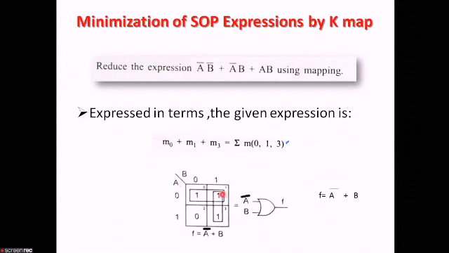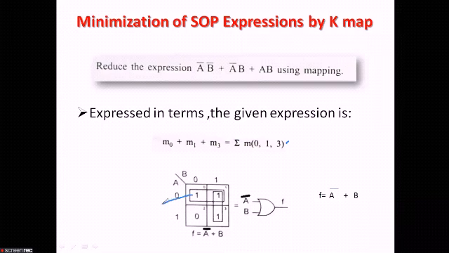Min term 1 is present, 1. Min term 3 is present. So just these 3 min terms are present. And as this min term is not present, we are giving a 0 here. So just look here that these 2 are adjacent to each other. So we can make it a pair. So what will be the answer of this pairing?